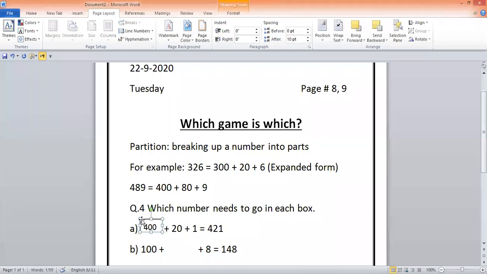Yes, and this is the number. What should I write here? So I'm going to unmute all of you guys, and you have to tell me what I should write in the box.